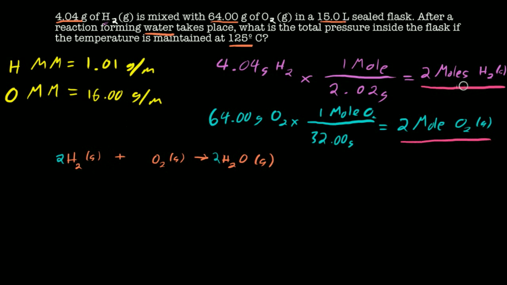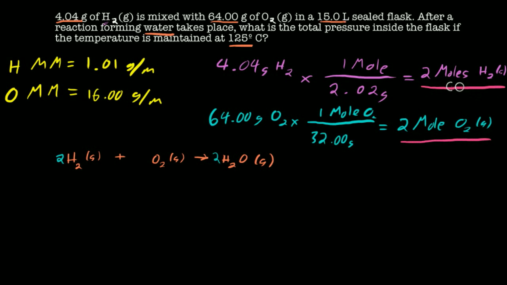If we had 2 moles of H2 gas and only 1 mole of O2 gas, then we wouldn't have had any limiting reactant, and that would have been reduced down to only 2 moles of gas in that reaction. But that isn't the case. Based on our supplies, with 2 moles of H2 and 2 moles of O2, we are going to have a limiting reactant.